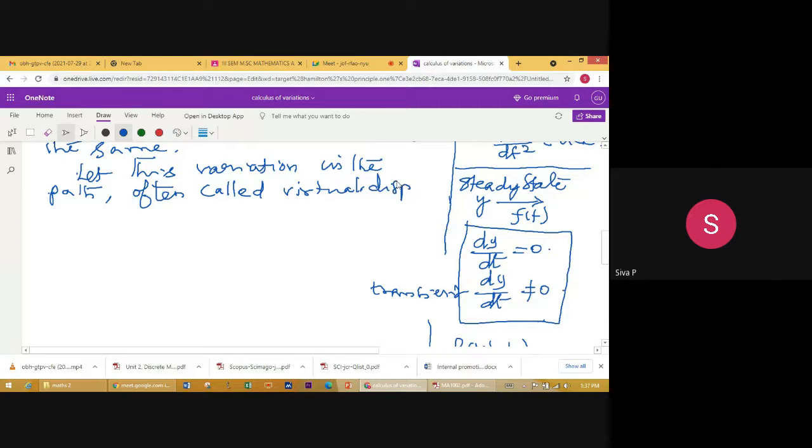Underline this: let this variation in path, that is called virtual displacement. The virtual displacement will be delta r.